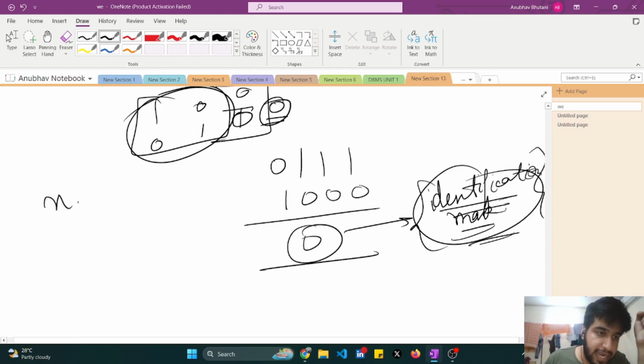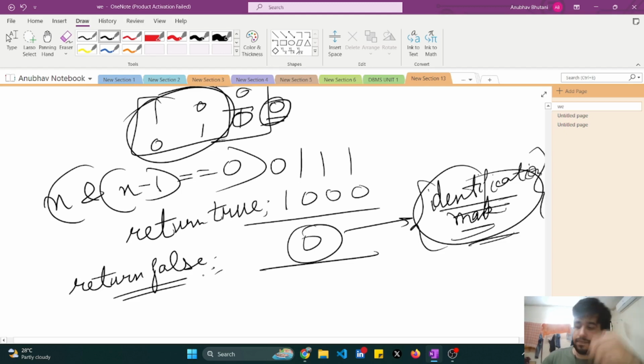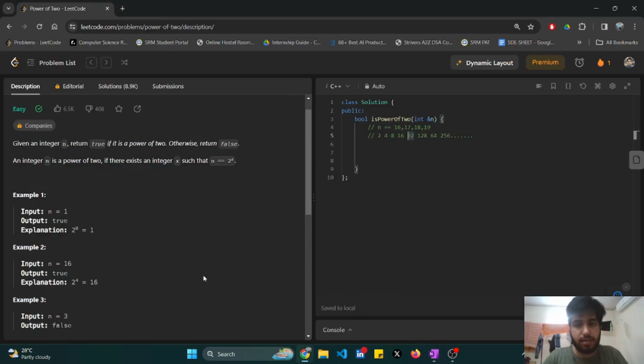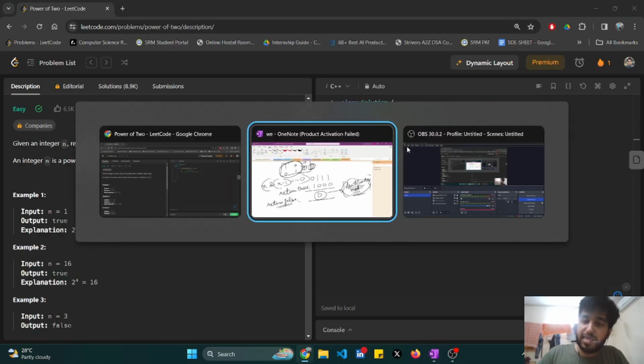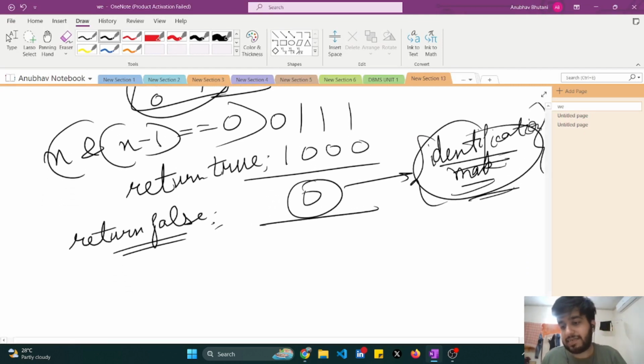So if n AND n minus 1 equals 0, that means it is a power of 2, then return true, else return false. Okay, I'll just try to code it. The code is very simple. Now we are testing the edge cases.